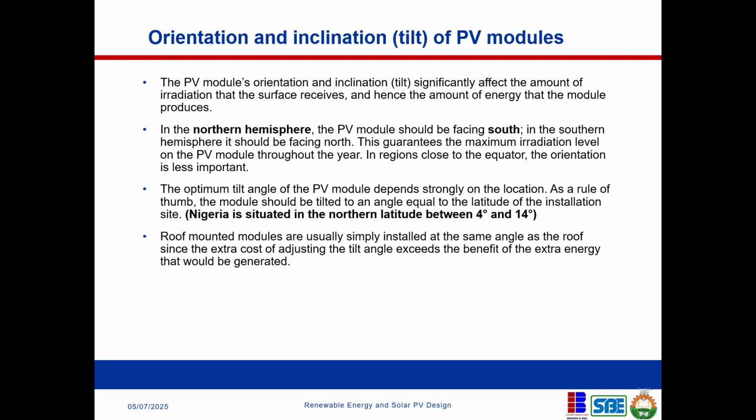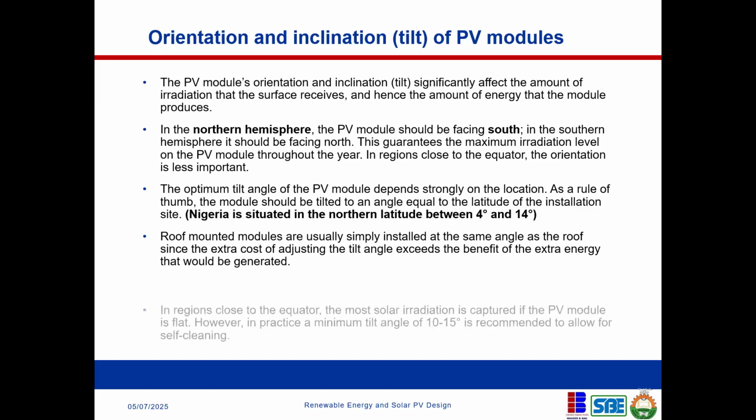When you have installation on such a roof, the yield is going to reduce because of the tilt angle of the roof, right? But you cannot ask the owner of the house to change the roof of his house because you want to achieve optimum tilt angle. So you just have to install it that way, or if it's cost viable and you can use angular support, fine and good. So roof-mounted modules are usually simple. Okay, I think I've talked about this.